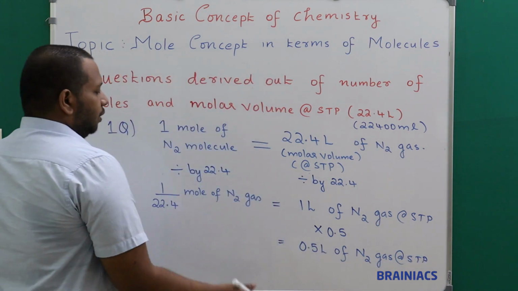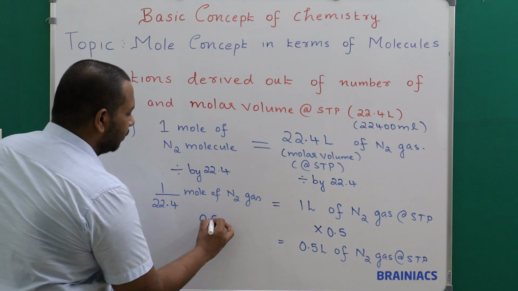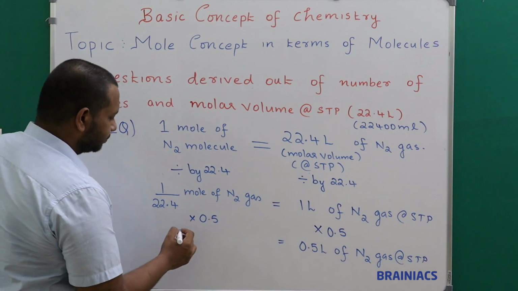Okay. So when you do it here, do the same thing over here: multiply by 0.5. So multiplying by 0.5, what will happen?